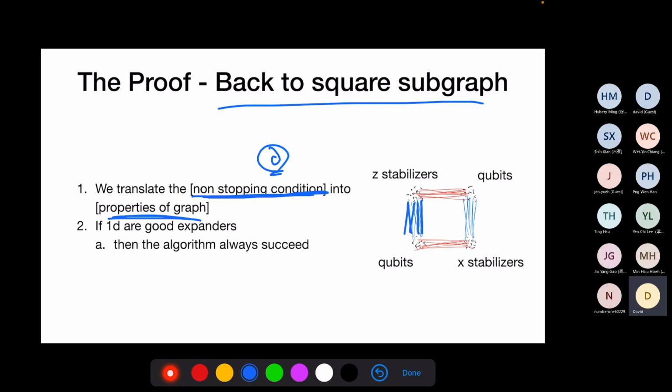For example, if you have a node, a point inside the Z stabilizer, say the vertex is i, then your vector at the ith position equals 1 and all the other positions equal 0. You consider that vector and apply partial on it, and you will find that it's exactly the random walk over that point. So it's all the neighbors of that point. That's one example of translating these partial objects into graph properties.